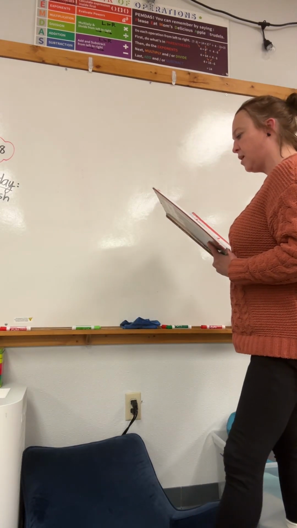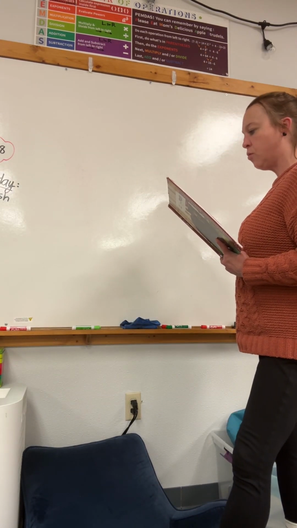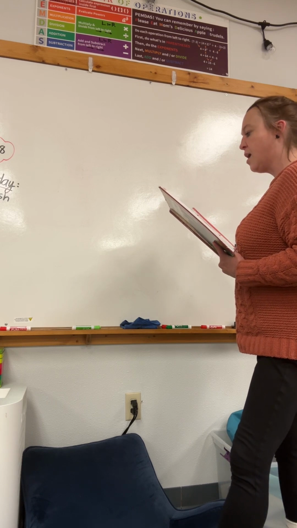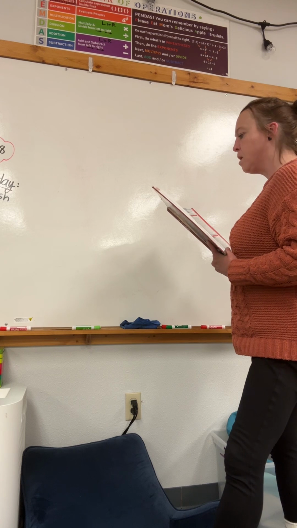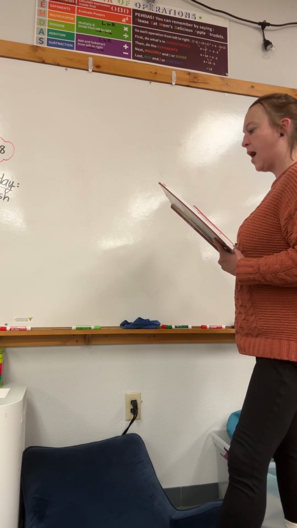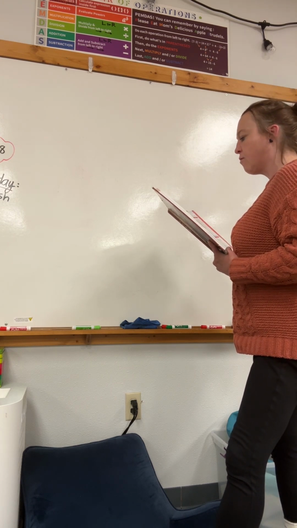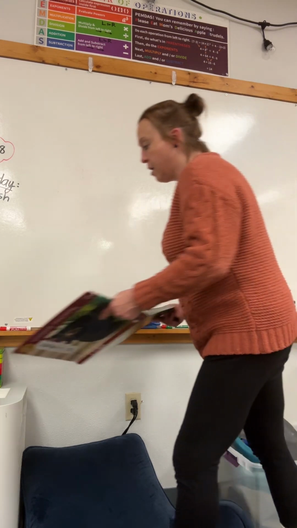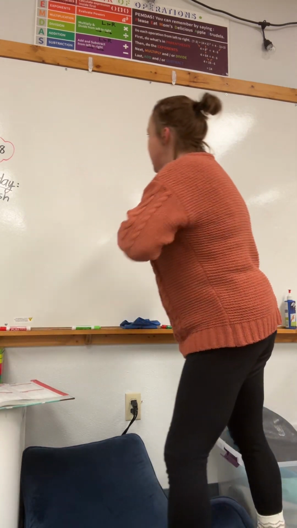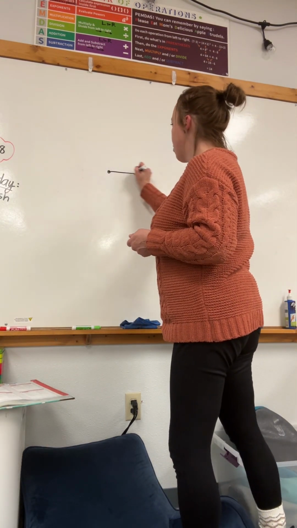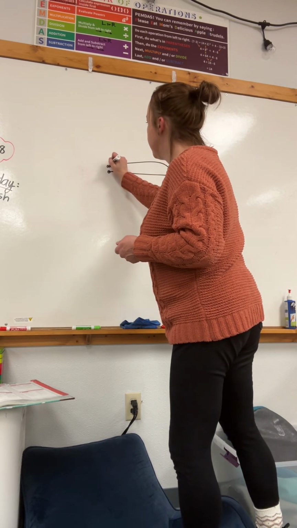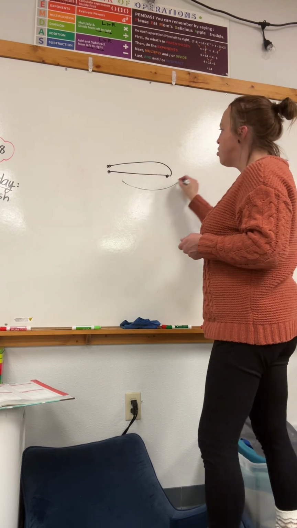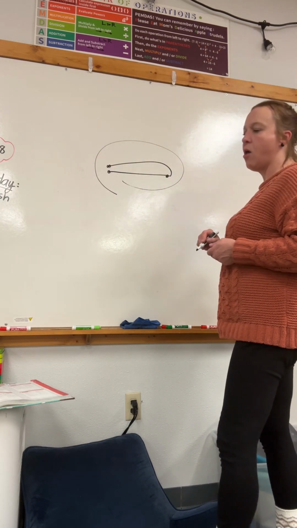All right, number 7, it says, Michael spent 1 3/4 hours at the doctor's office and a total of 1.5 hours driving to and from the appointment. Which expression shows the total number of hours Michael spent away from home for his visit to the doctor? Okay, so I know that he started at home, he drove to the doctor's office, and then he also went back home. So we're trying to get a total of how long he was away.